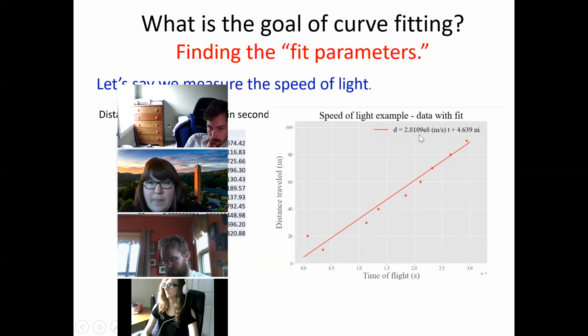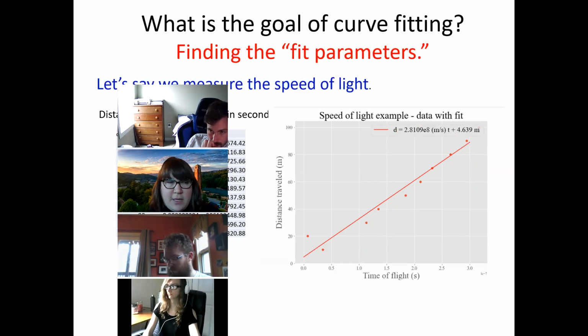Anyway, we also get this bonus information, a y-intercept. And that is useful, even though we don't really need it for calculating anything, like for verifying the speed of light, because it is supposed to be 0. Right, d equals the speed of light times the time. There's no plus anything in that equation.